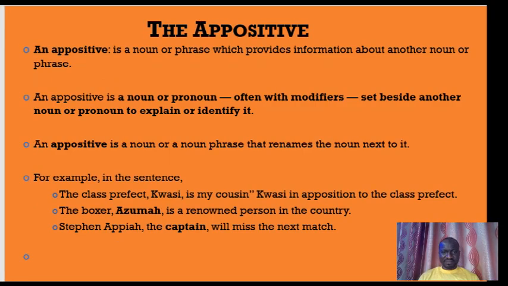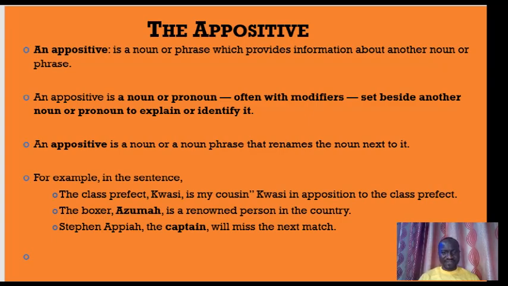We have an appositive. A noun can function as an appositive. An appositive is a noun or phrase which provides information about another noun or phrase. An appositive is a noun or pronoun, often with modifiers, set beside another noun or pronoun to explain or identify it.